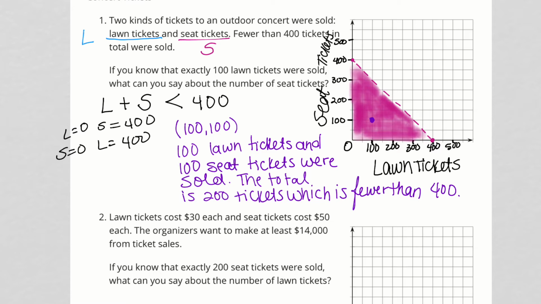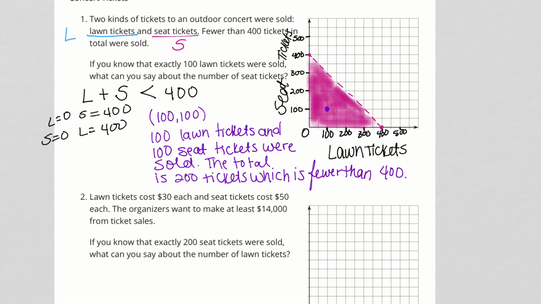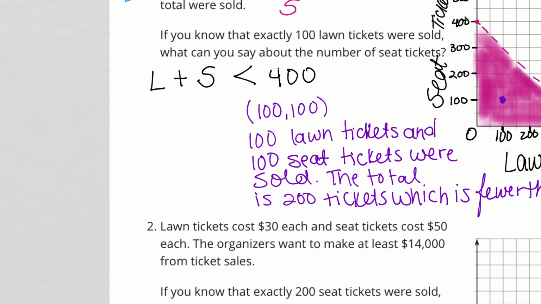So if I know, let me change over to blue over here, and I'm not quite sure how much space you guys still have. So I'm going to zoom in over here. I'm going to erase this. So we know 100 lawn tickets were sold. Let's plug it in. So we have 100 plus S is less than 400.